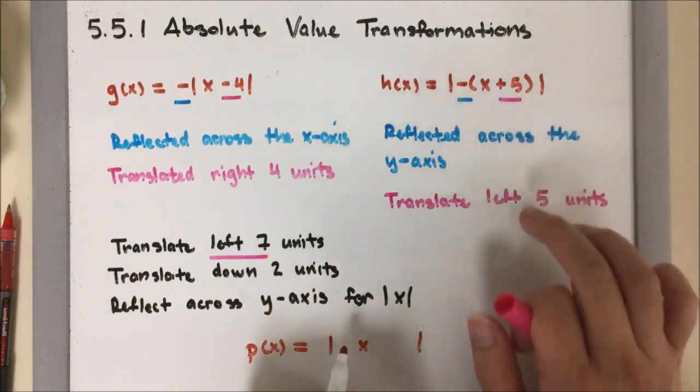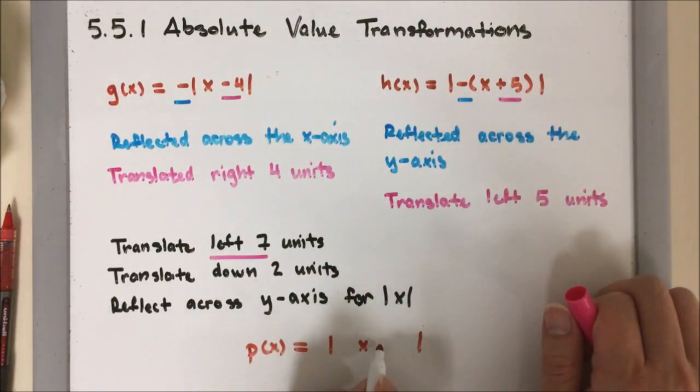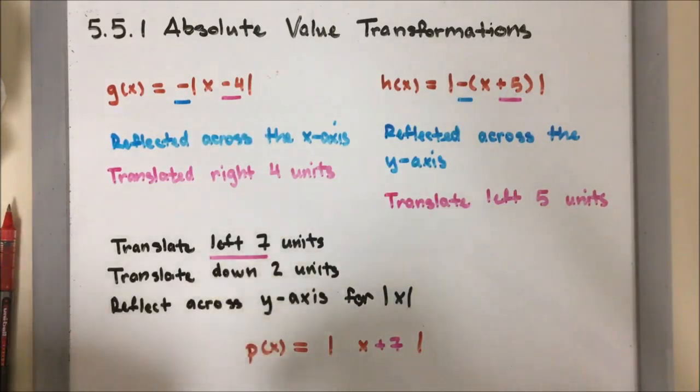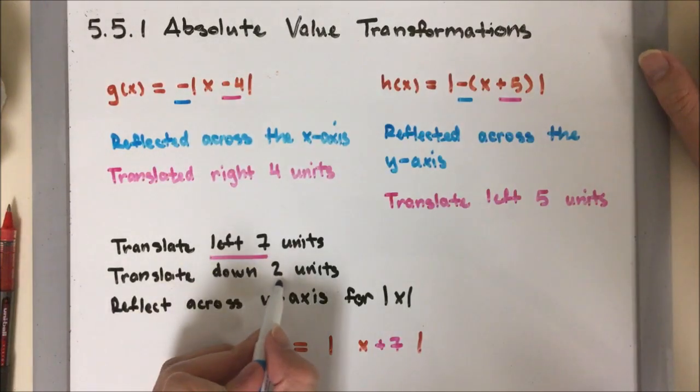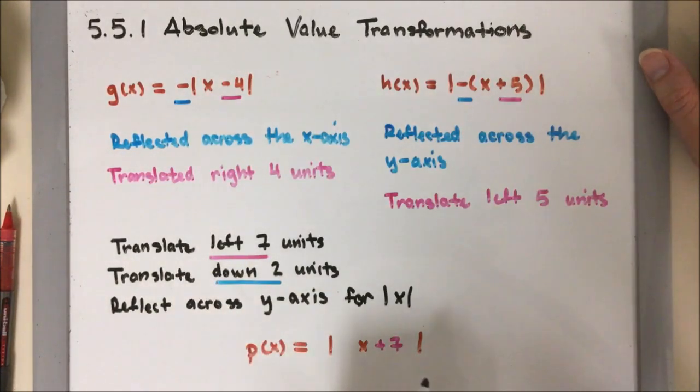So just similar to this one right here, where it's left 5, I'm going to write x plus 7. And then where it says down 2 units, that means it's going to be the number that's behind the absolute value. Since it's down 2 units, that means it's going to be minus 2.